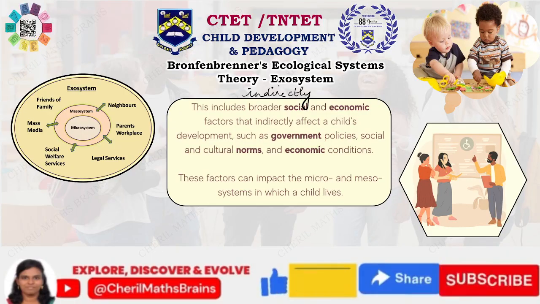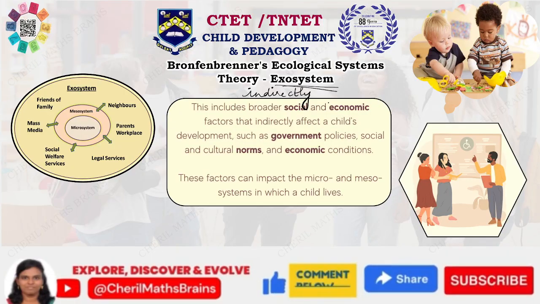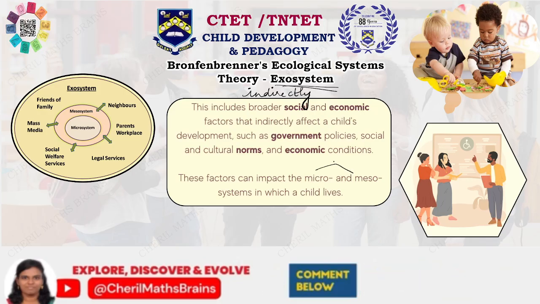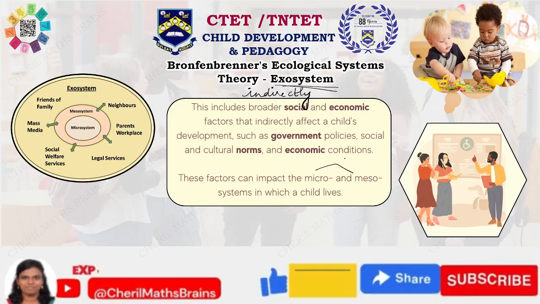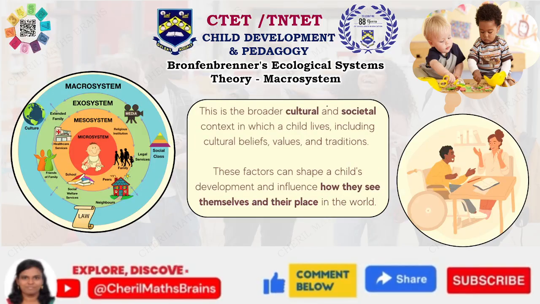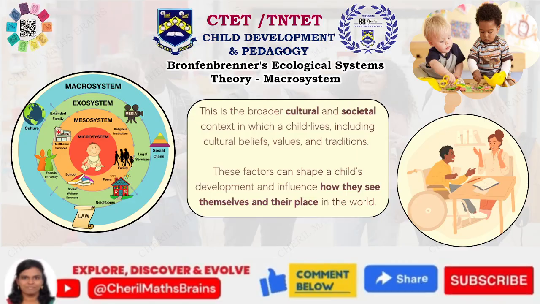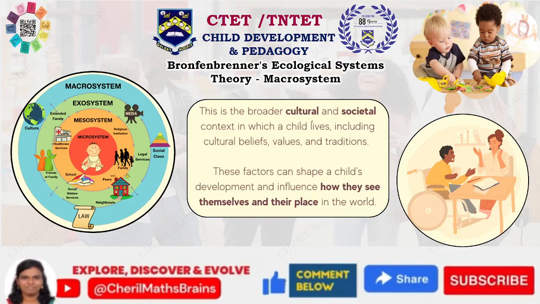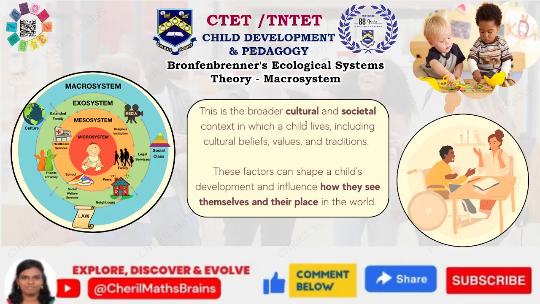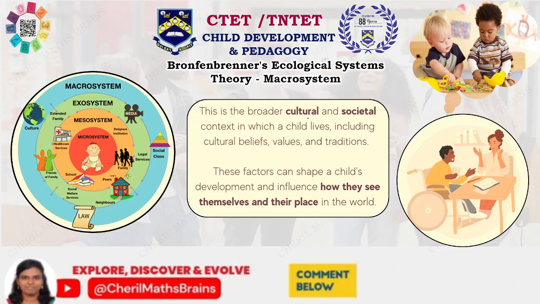This exosystem will have an impact on both the micro and the mesosystem in which a child is living. Next is the macrosystem. When you look into the macrosystem, you see the child's overall culture: the media, the societal class, and the law, which play a major role.